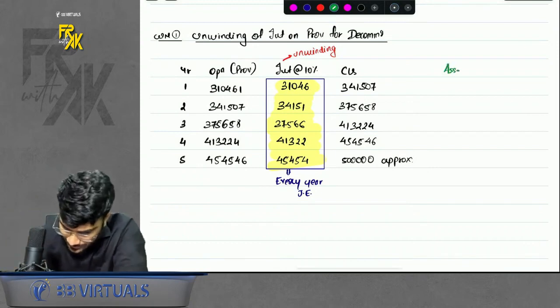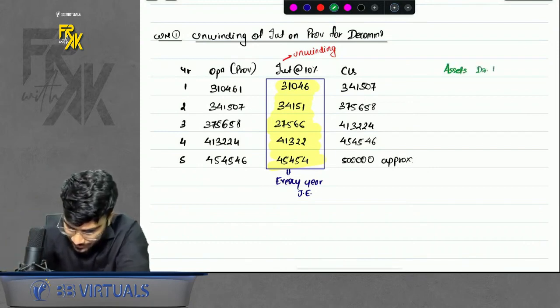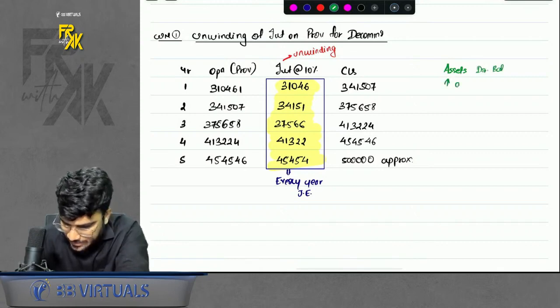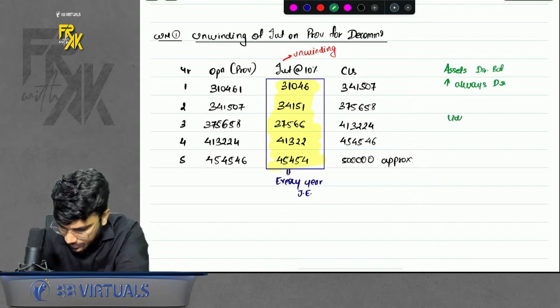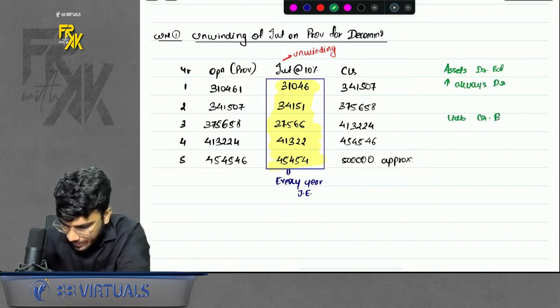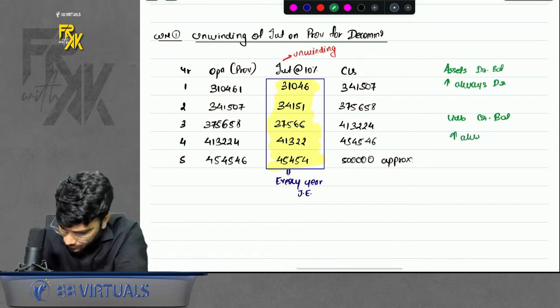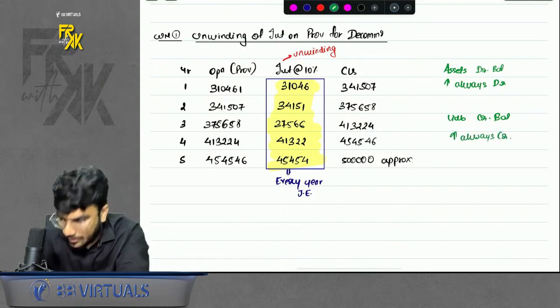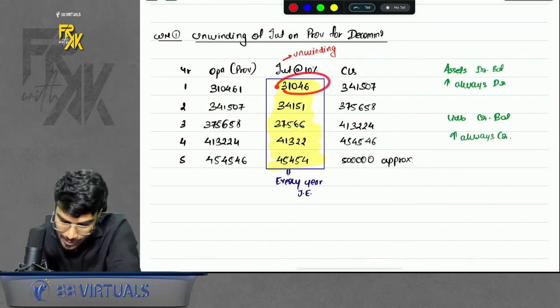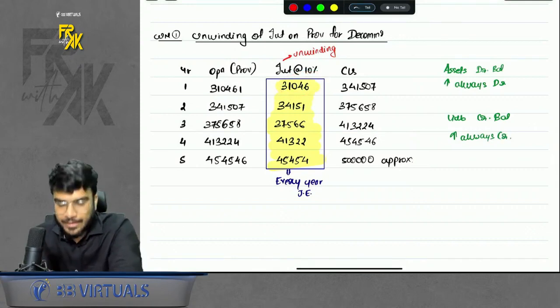All assets always have a debit balance, so to increase any asset, we will always debit it. Similarly, liabilities always have a credit balance, so to increase any liability, always credit it. So we will credit the liability each year, right?